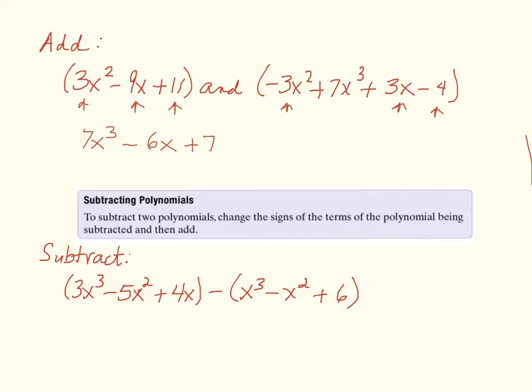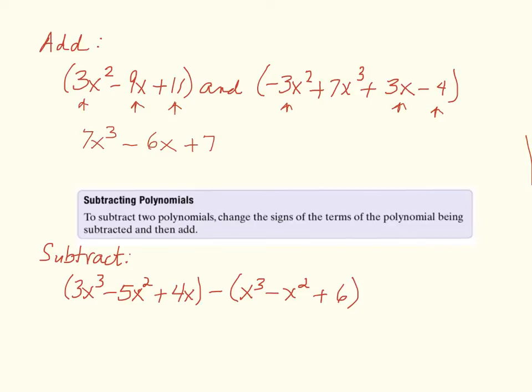Now with subtraction, you have to be very careful if you're subtracting a polynomial from another one, because you have to treat the polynomial as a whole expression, which means when you subtract it, you have to put it inside of parentheses. And the parentheses and the negative sign in front of it means you have to change the signs of every term in the second polynomial.